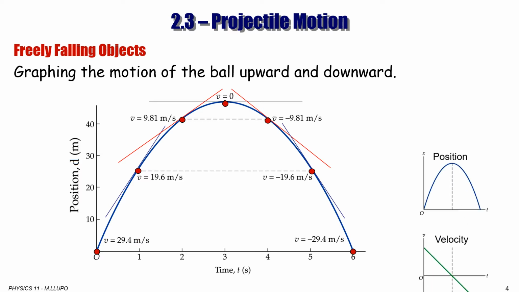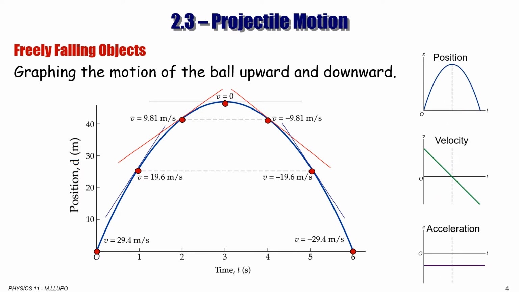And by using that, you can derive the velocity-time graph from the position-time graph, and you can build the acceleration-time graph from the velocity-time graph. So you see that at the highest point, when velocity is 0, that's why it has the shape of a straight line.